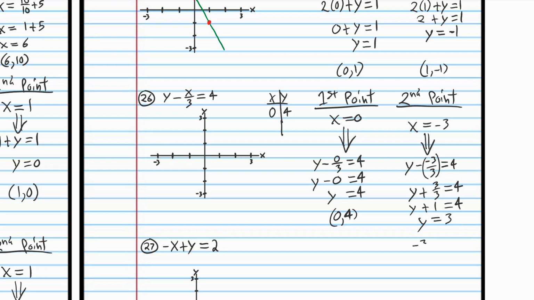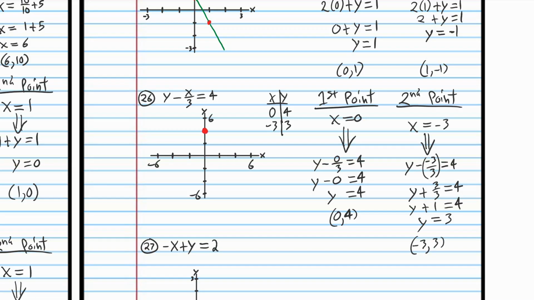So the point is -3, 3. You know what, I just realized this is out of our scale anyway, so I'm going to have to change the scale regardless. So we'll just make that 6 and 6, and -6 and -6. So I guess trying to stay in the scale there was futile.